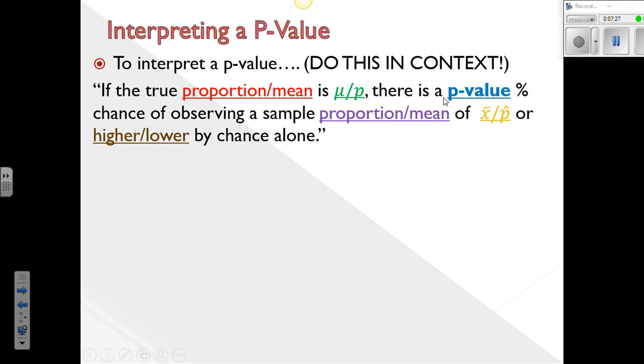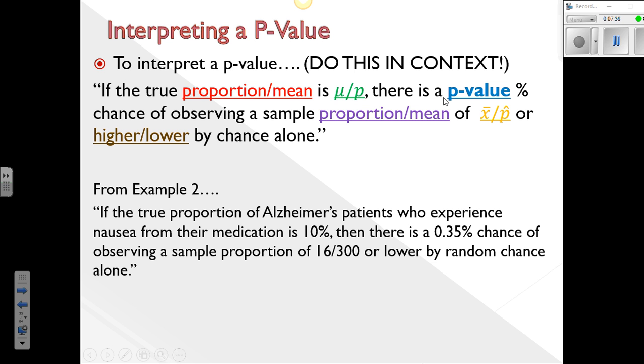So in our context here, remember, what did we say was true? What is our null hypothesis? If the true proportion of Alzheimer's patients who experience nausea from this medication is really 10%. So this is assuming that H0 is true. So this statement right here is assuming that H0 is true.